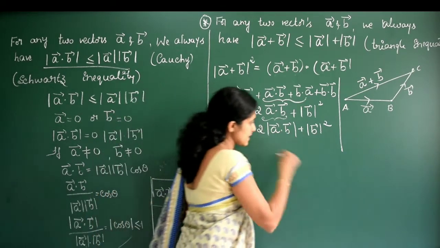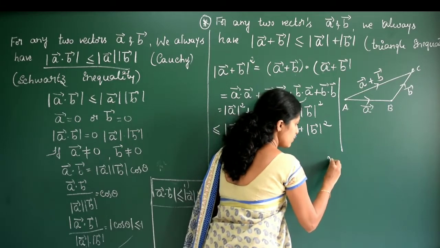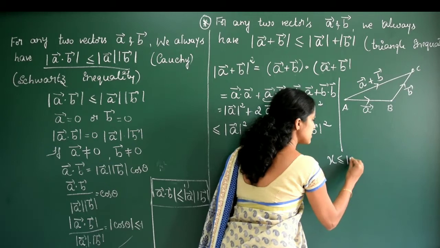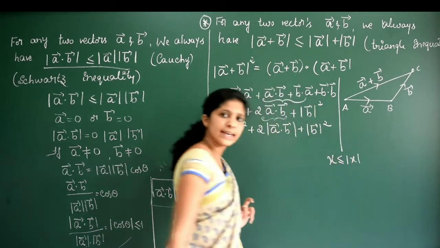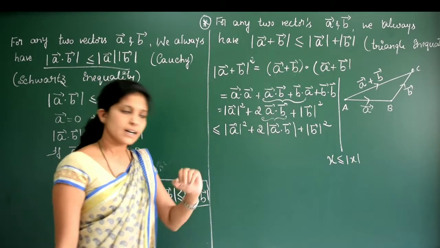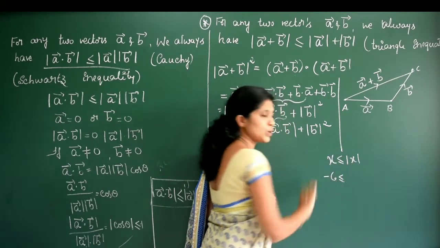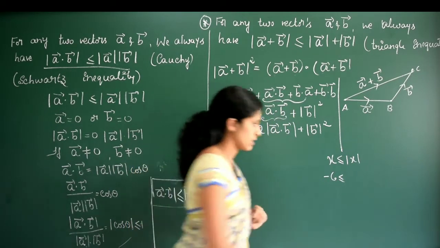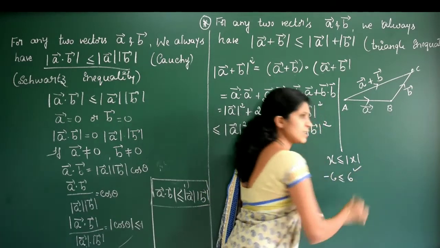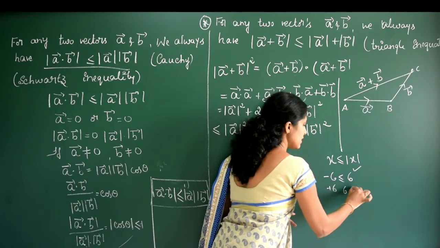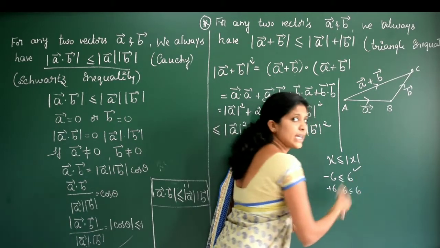For example, if I consider any value x, x is always less than or equal to mod x, agree? Consider any value. If I consider minus 6, it is less than or equal to mod of minus 6, which will be 6. Yes, true, right? Minus 6 is less than 6. If I consider plus 6, then 6 is less than or equal to 6. So here equality holds.